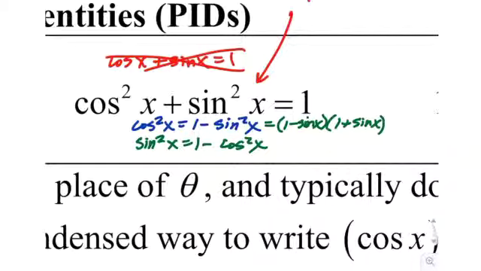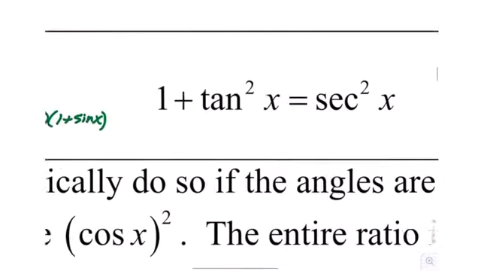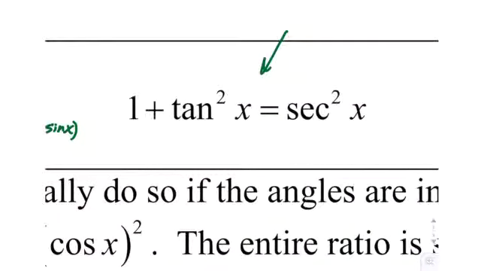Now, there are 2 others, and these are his offspring. Okay? He's like the seahorse dad that gives birth to the baby seahorses. This one is called Baby Pid number 1. He's the older of the 2. He came out of the belly first, okay?